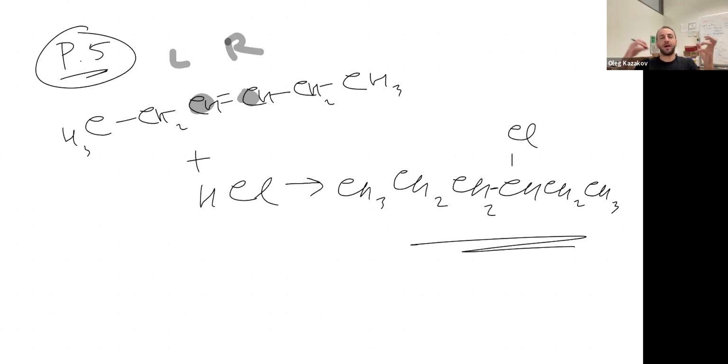So that's going to be our one and only product that we're going to obtain as a result of this hydrohalogenation reaction, in which HCl will be reacting with 3-hexene.